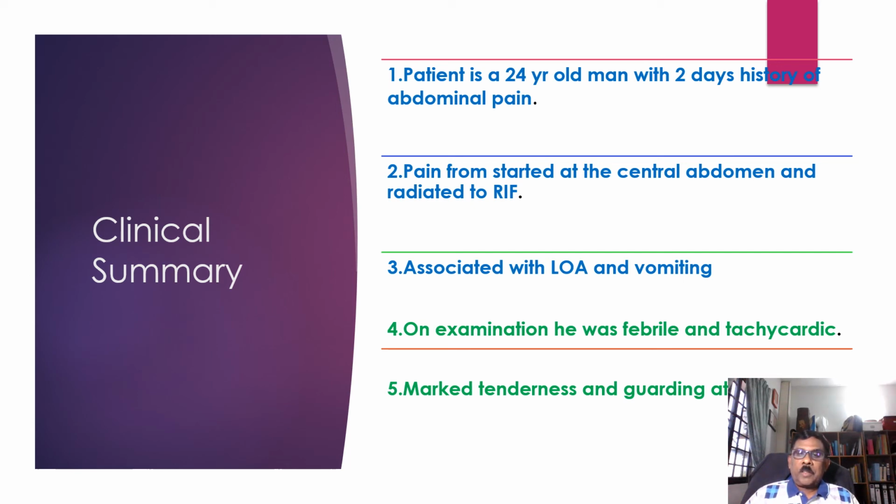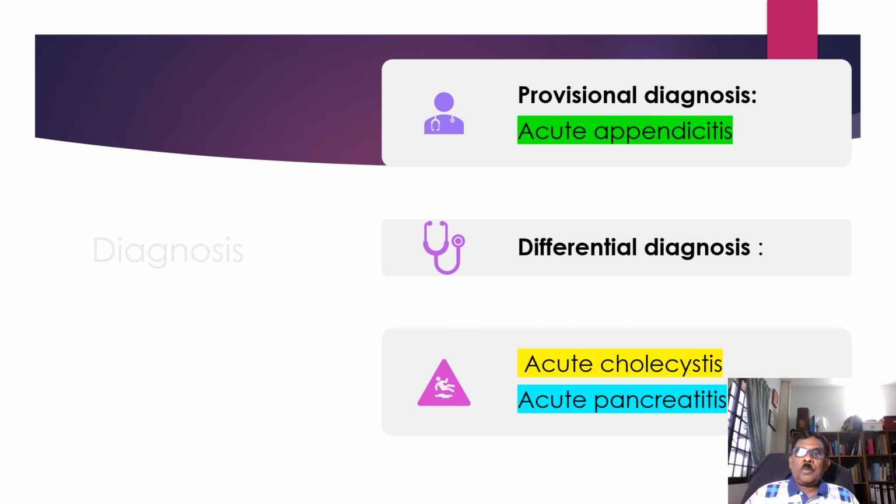And on examination, he was febrile, tachycardic with marked tenderness localized at the right iliac fossa. So that leaves a provisional diagnosis of acute appendicitis, with the differential diagnoses of acute cholecystitis and acute pancreatitis, which are rather unlikely compared to acute appendicitis based on the location of the pain and tenderness.